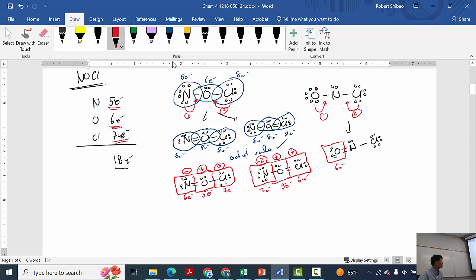How many did it contribute? 6. So the formal charge is 0. Okay, let's go on to nitrogen. How many electrons does nitrogen have in the structure? 5. How many did it contribute? 5. It ends up with 0 formal charge.